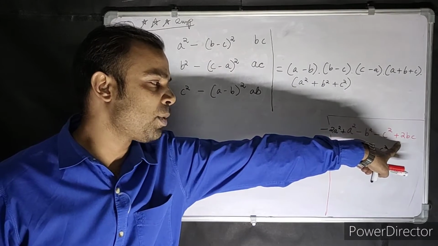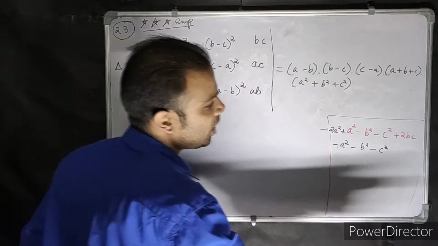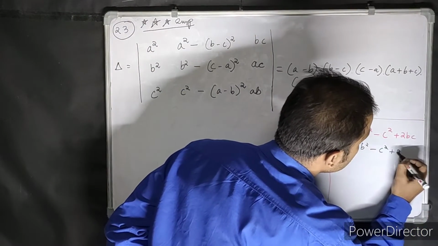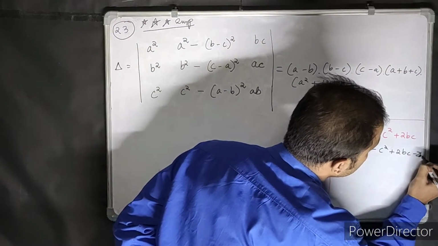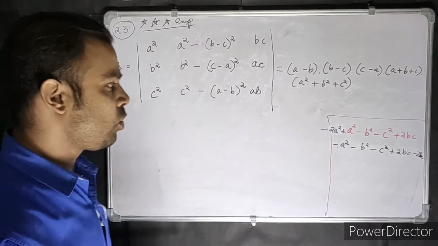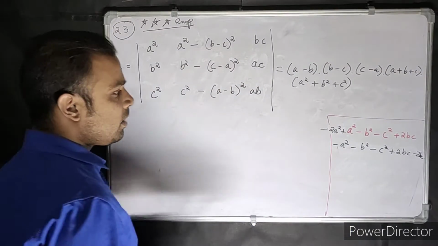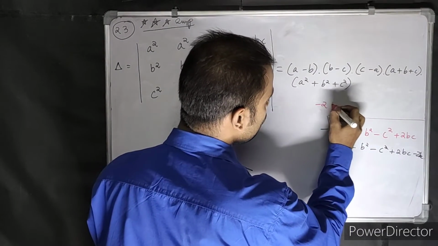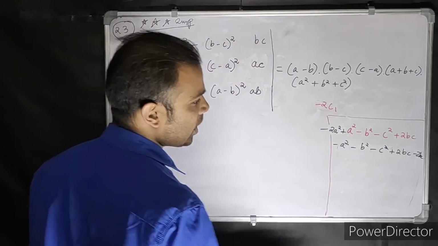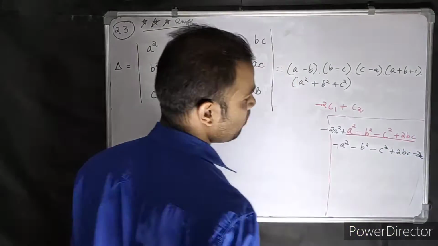Now this is a problem. Then you have to take the help of another column. Look at this third column. The third column has 2bc. So if I subtract the minus 2bc, then the problem is absolutely solved. So what did I do over here? I did minus 2 into column 1. Then I added the whole column 2.